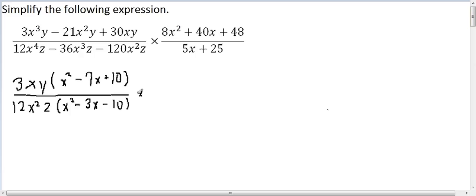And we're going to multiply this fraction by, let's go ahead and factor what we can for both of these polynomials in the second fraction as well. 8, 40, and 48, these numbers have 8 as a common factor.